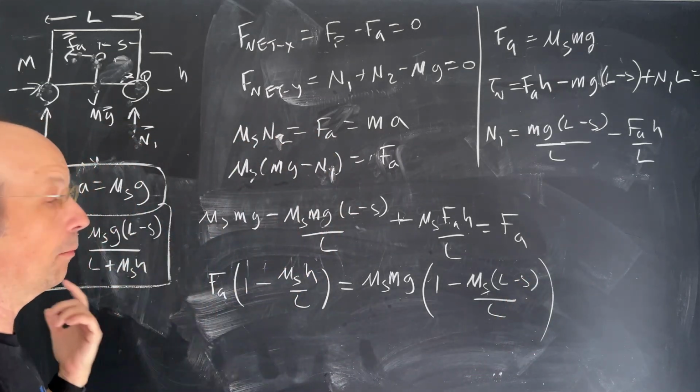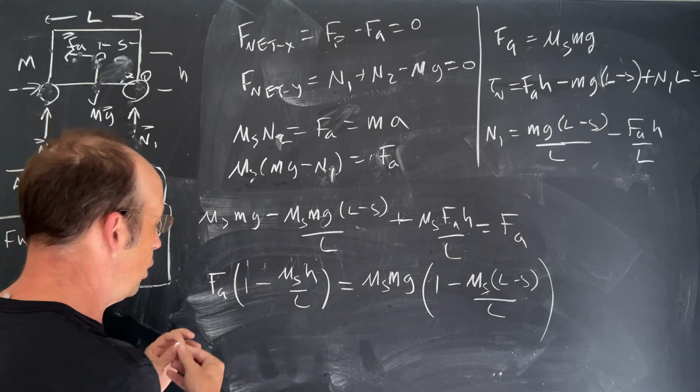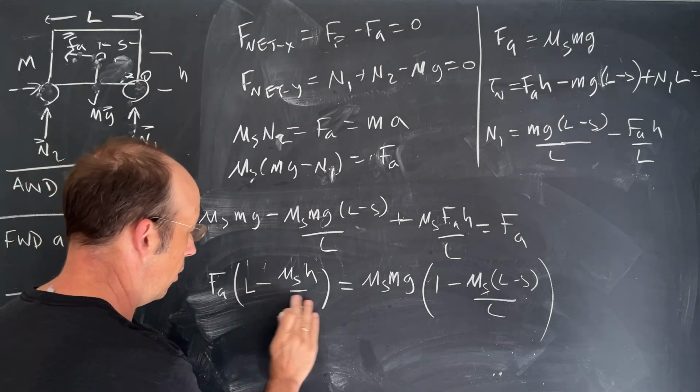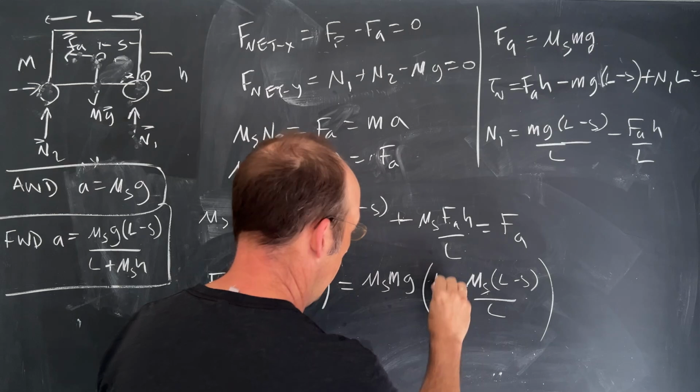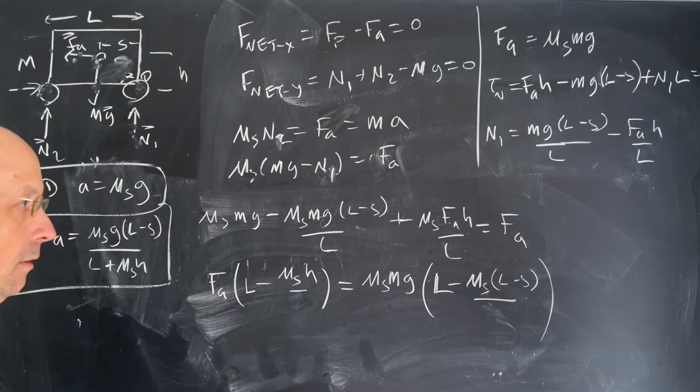And now, again, I can multiply both sides by L, right? So this is just going to be the magic of a chalkboard. L gone, L gone. And then I divide both sides by that.